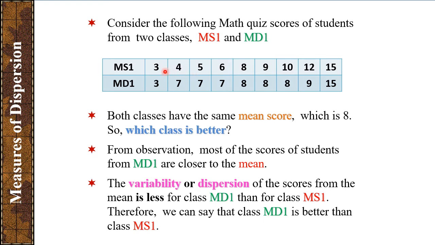They can have as low as 3 marks, and they can have as high as the full marks, or 12 marks. Compared to MD, most of the students have marks more or less closer to the mean. As we can guess from here, the mean is somewhere around 8. So 7 until 9, these are closer to the mean.